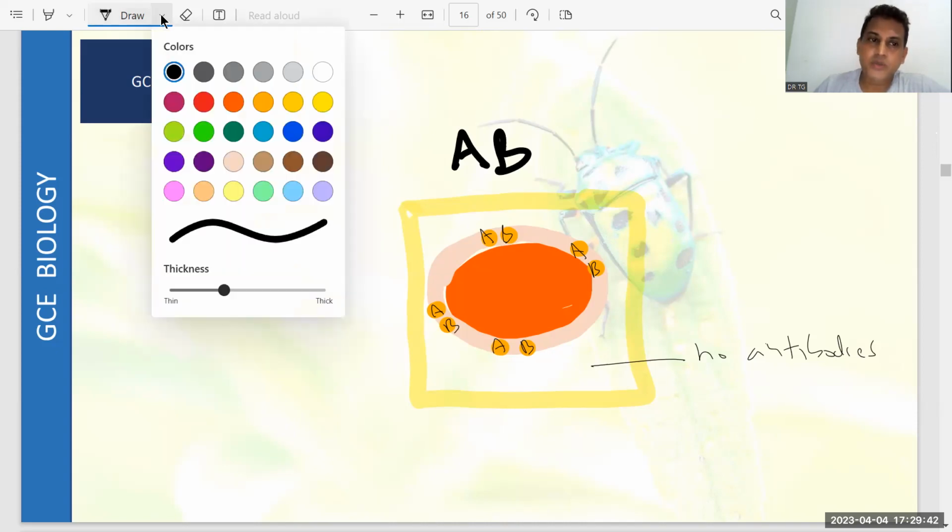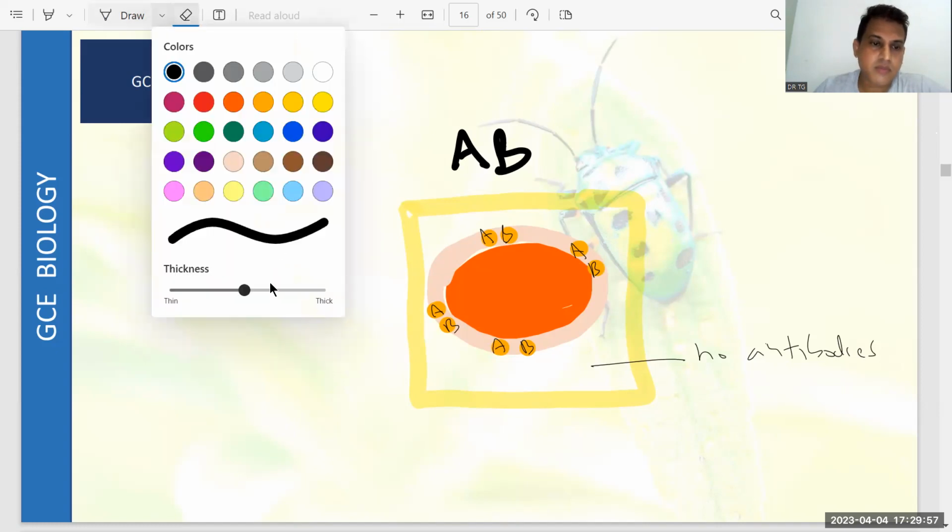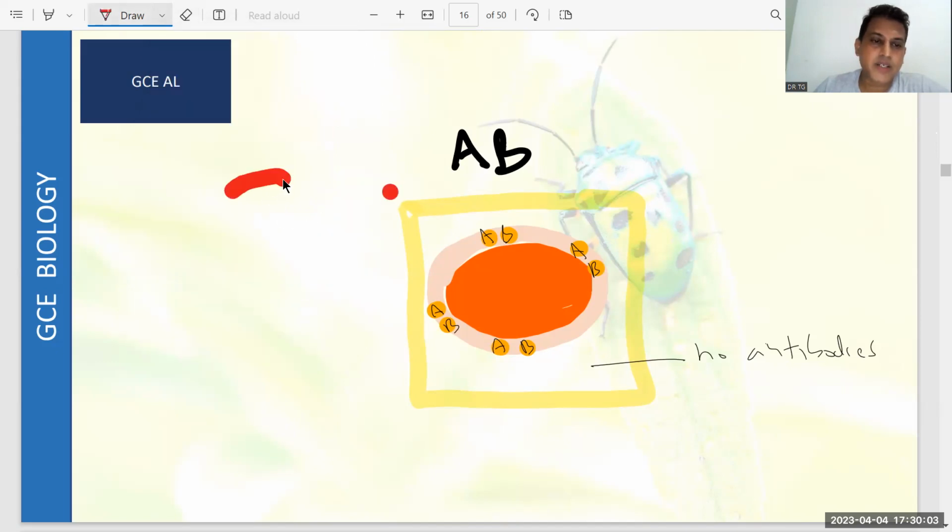Now AB blood group, if AB blood group gets blood group A or B, let's see what is going to happen.